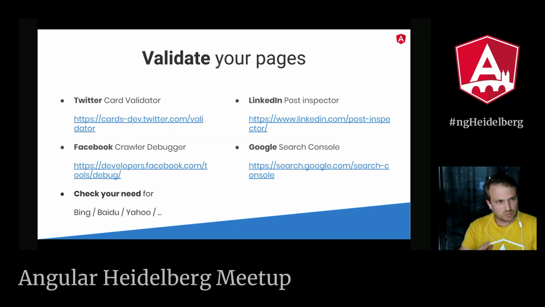And while this overview links the most important validators, mostly for my projects, like Twitter, LinkedIn, Facebook, and Google, you should always check your own needs, because you might have an audience that is heavily relying on Bing, for example, or on Baidu, or even on Yahoo for people that are still using that. And also depending on your location in the world, it might differ. So you always need to check the needs of your project.